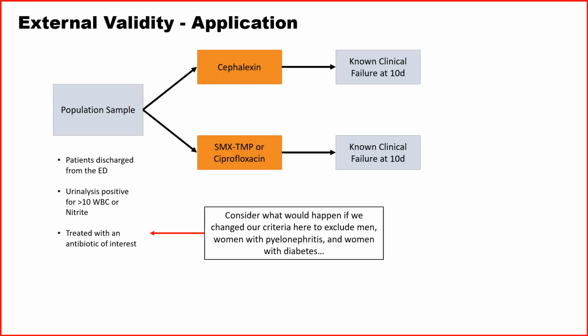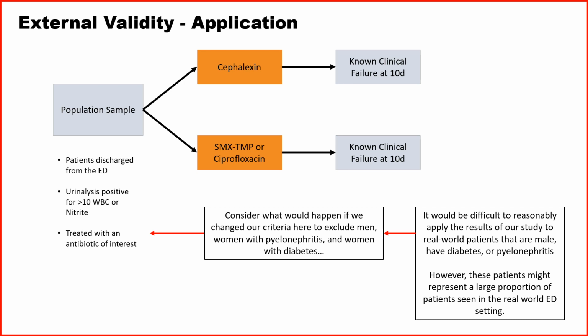So returning to our example research project, our population sample initially included patients discharged from the emergency department, had a urinalysis that was positive, and were treated with one of the antibiotics of interest. Consider if we had more prevalent exclusion criteria, though, where we excluded men, women with pyelonephritis, and women with diabetes.